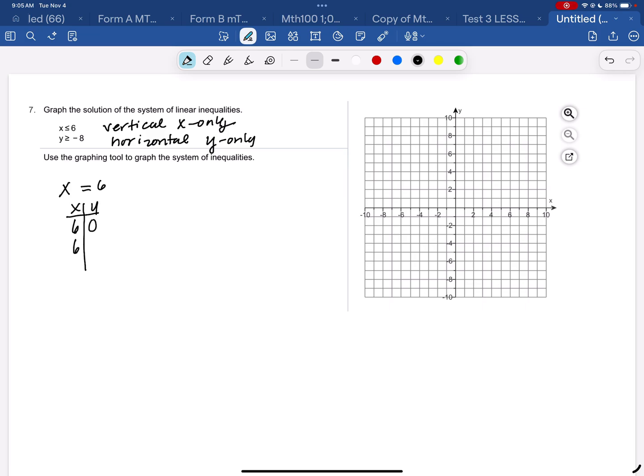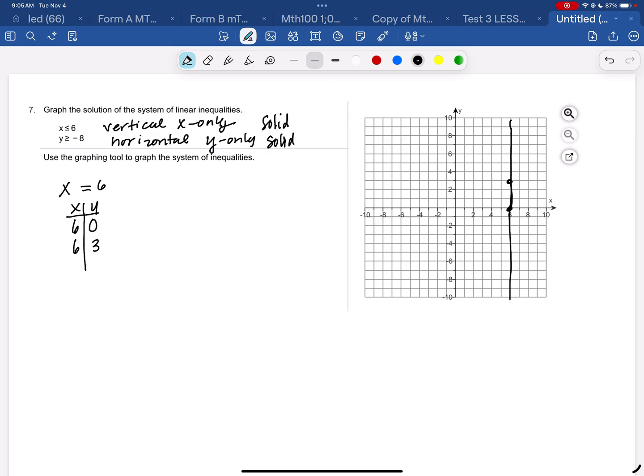And you can pick anything you want for your y's. So 6, 0, 6, 3, anything that has an x of 6, and look, it's solid because of the underline, which means equal. So this is my first line, the vertical line through 6.